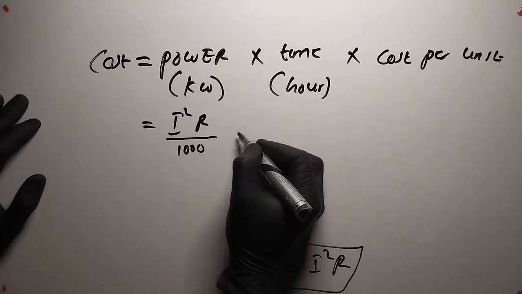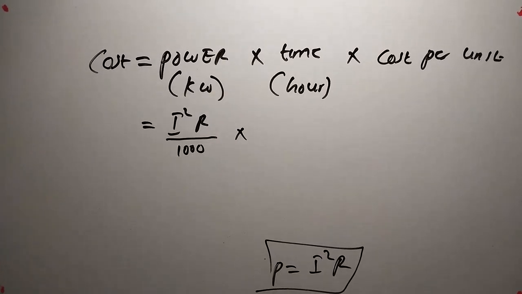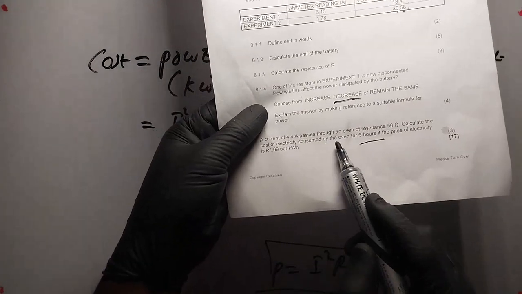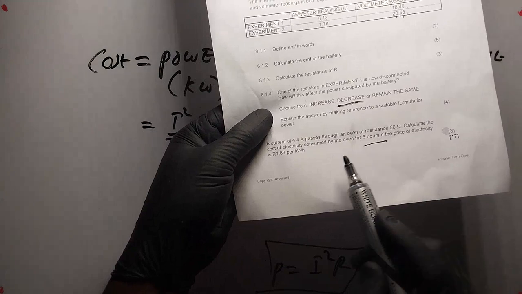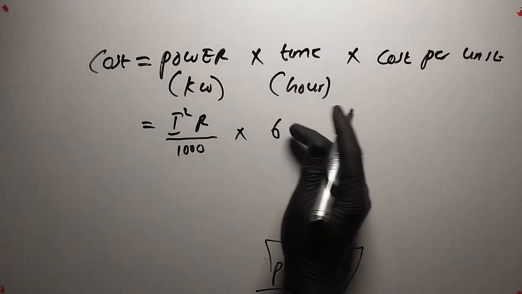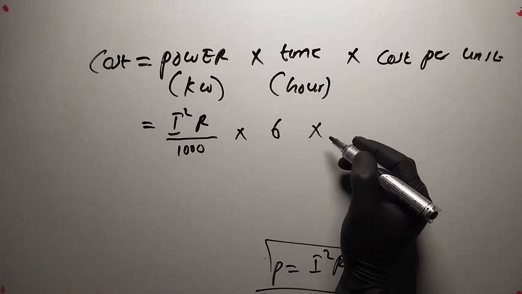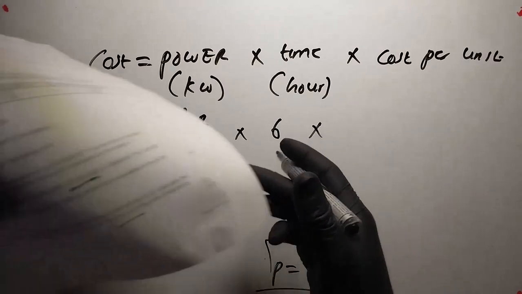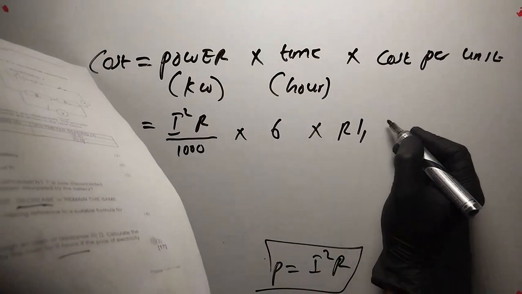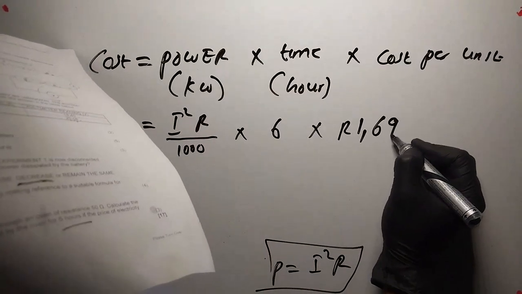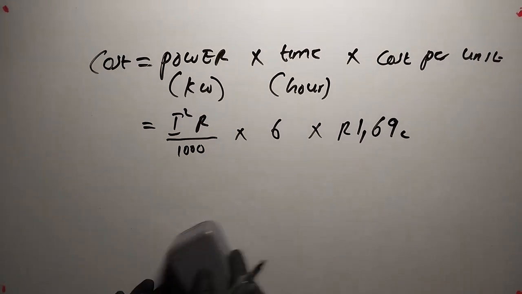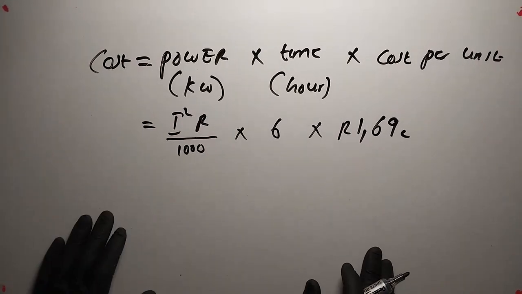They told us the oven is on for 6 hours, so times 6, because it's in hours, times the cost per unit, which is R1.69.